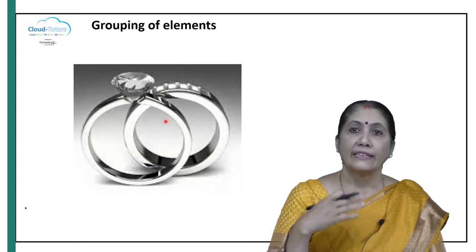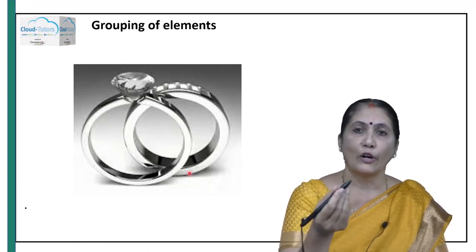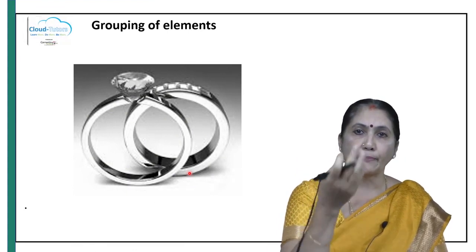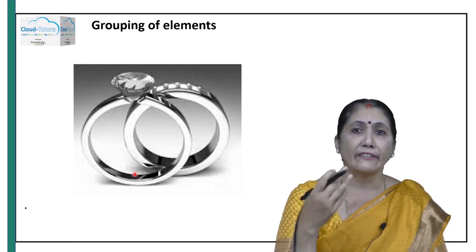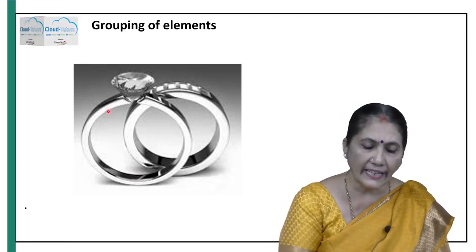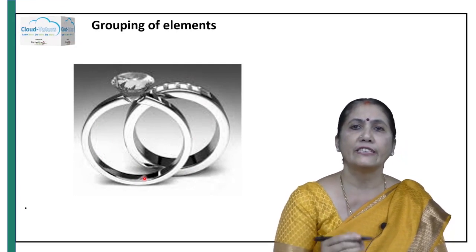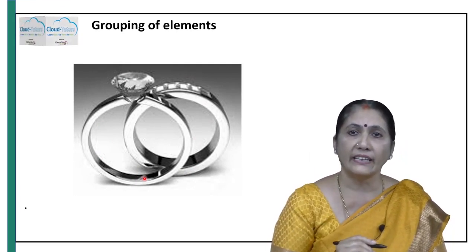Now, the next, what you are able to see here is one of the most expensive elements, platinum, which is given by the representation Pt. It is again an element which has a very wide application in the jewelry industry.